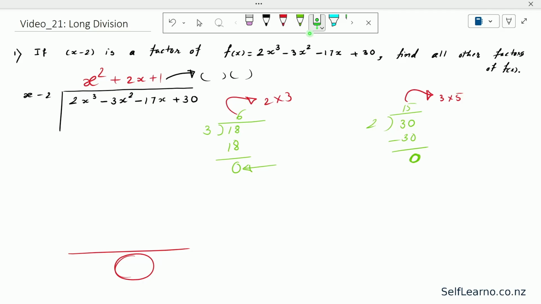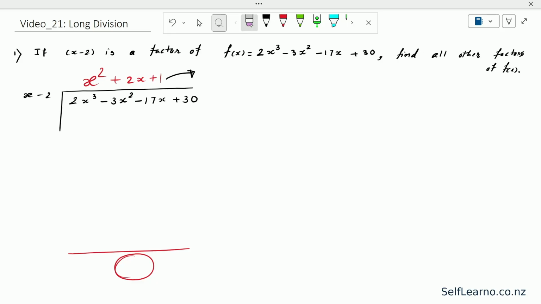Then we will conclude that these and these are the factors of this polynomial. That is the method. Let us try it here. It is a very useful method in solving complex algebra equations. So we are trying to understand it in real algebra, and then we will use it in complex algebra.